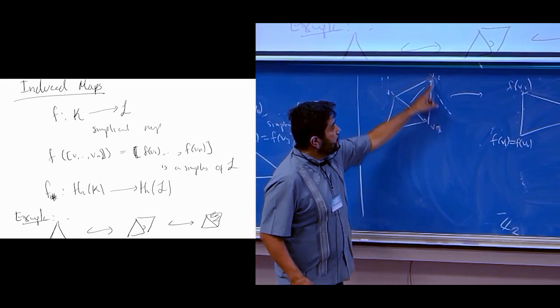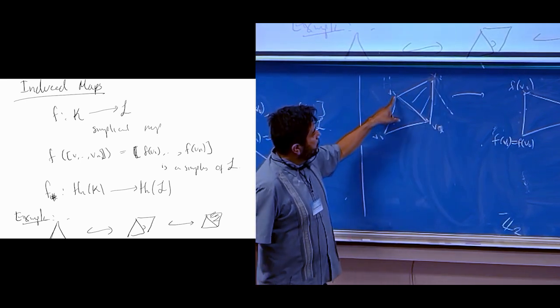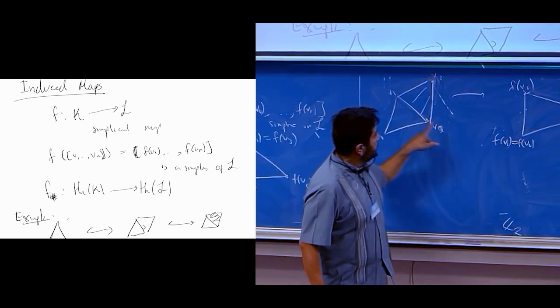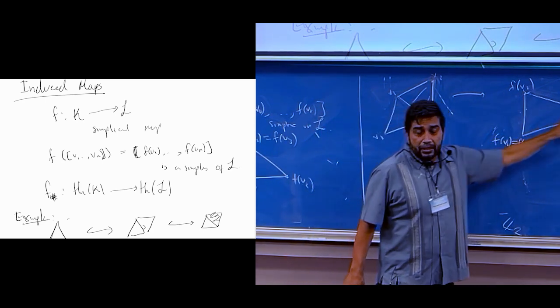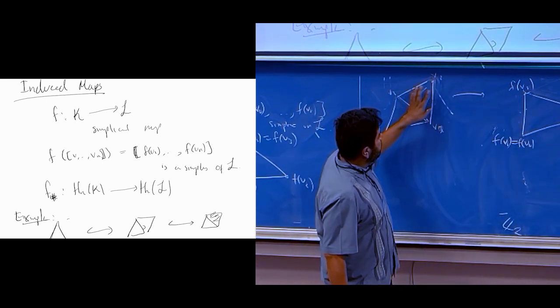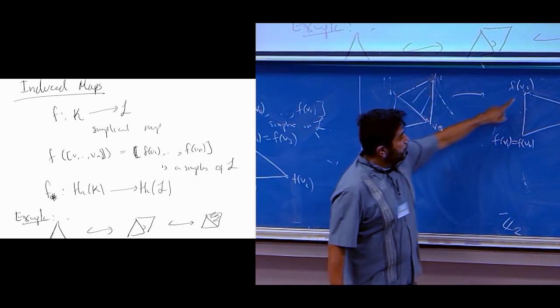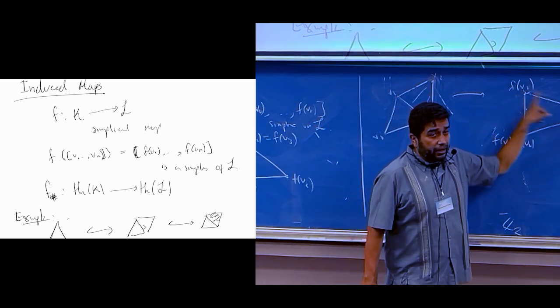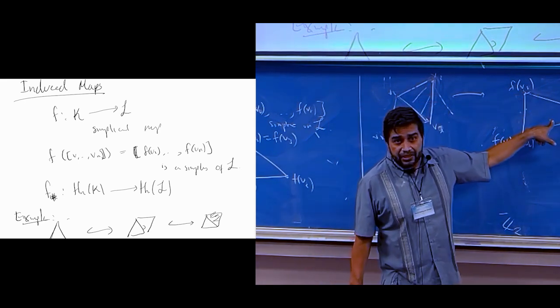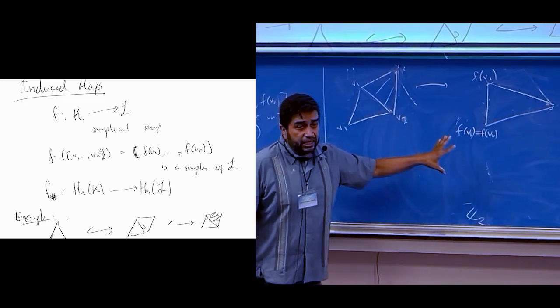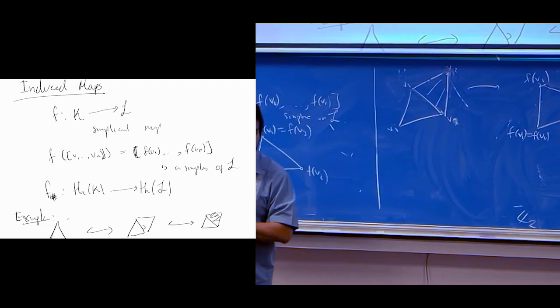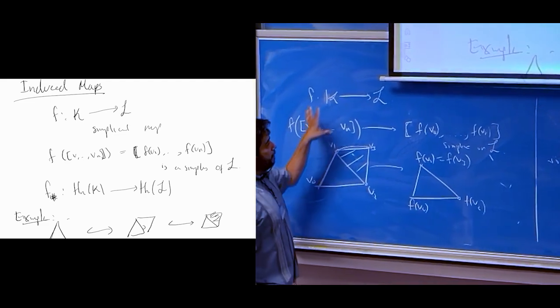But what happens with this triangle? V1 is mapped here, V2 is mapped here, and V3 is mapped here. So the entire triangle is mapped to a spanning triangle here, but that triangle doesn't exist here. So this is not a simplicial map. This function doesn't induce a simplicial map. There are some functions that induce a simplicial map, and there are others that don't.